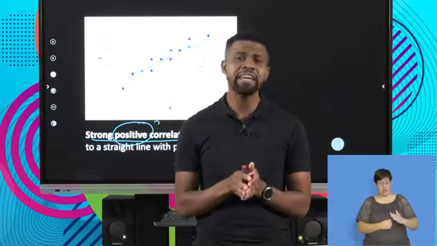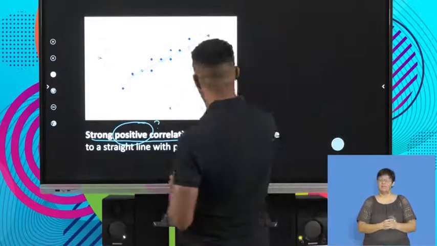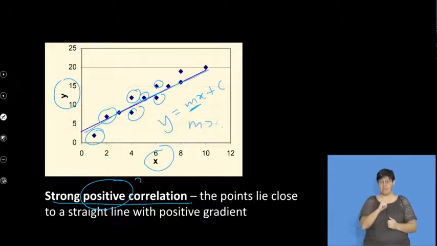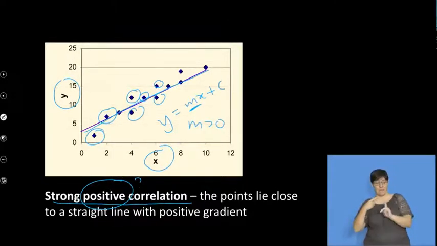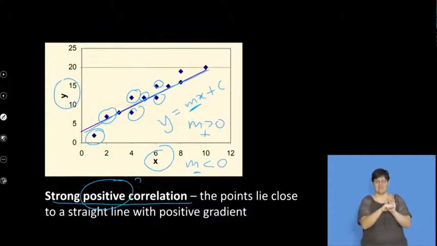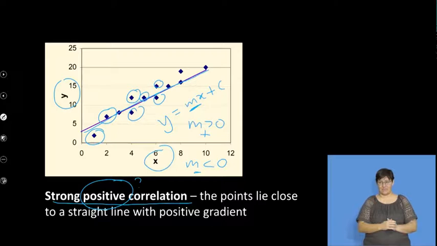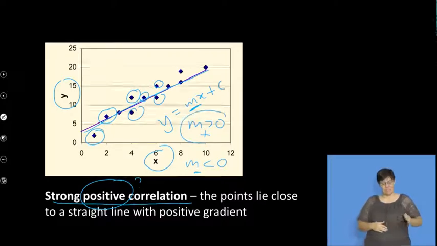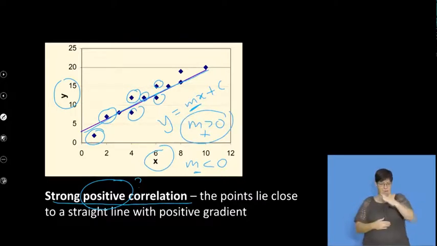So if the gradient is positive, your line is going up. If m is bigger than 0, positive. And if m is smaller than 0, which is negative, your line is going down. So we say positive correlation going up.